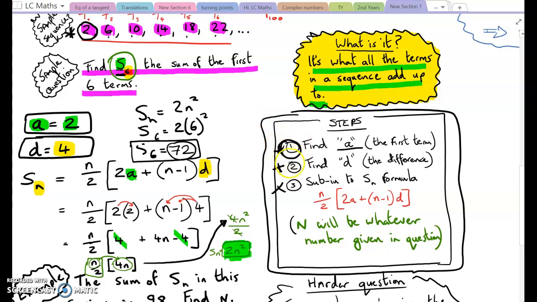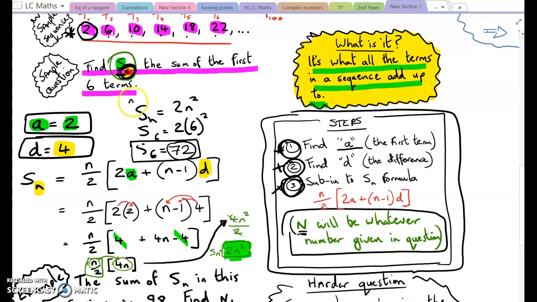We find A, we find D, we sub it into the SN formula that's given in the logbook, and then n will be whatever number that's given in the question. So we were given 6 down there, so that's what we sub in for n, and that's what we were doing up here. Okay, that's how you do the SN formula.